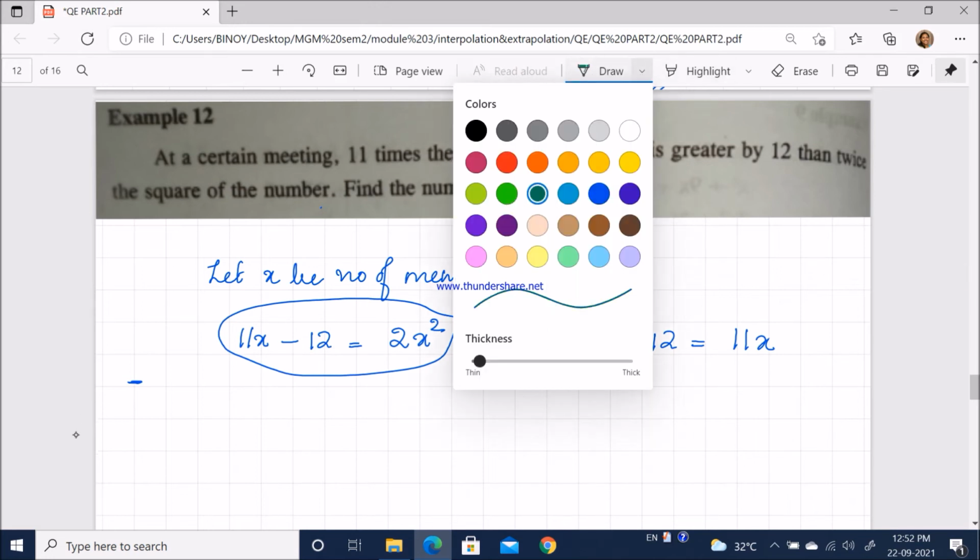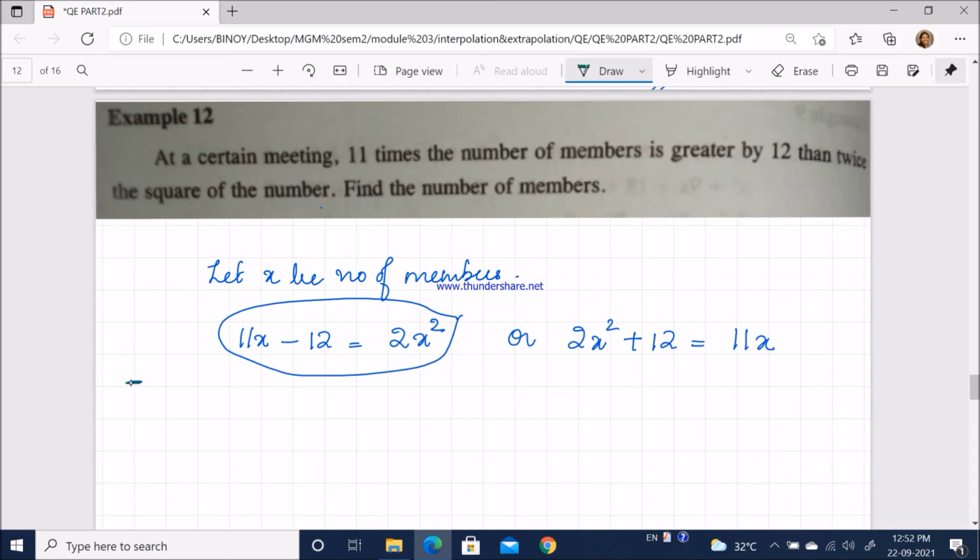So our equation is minus 2x square plus 11x minus 12 is equal to 0. So 2x square minus 11x plus 12 equals 0.